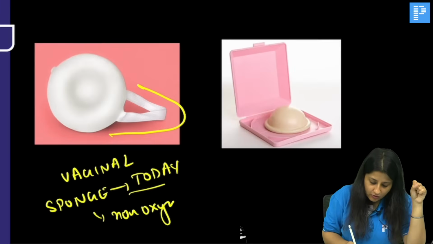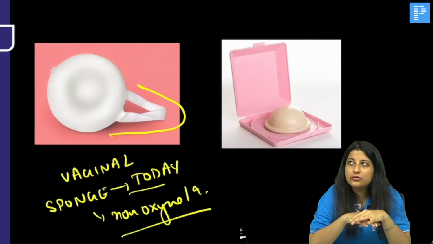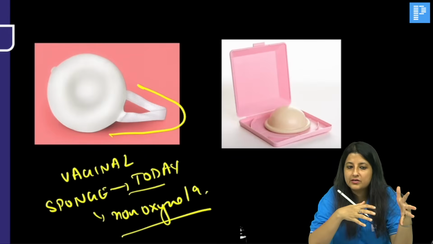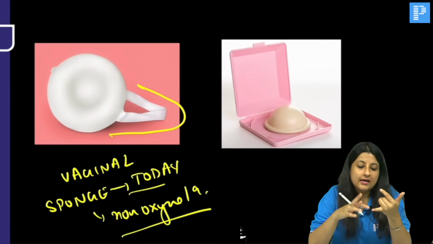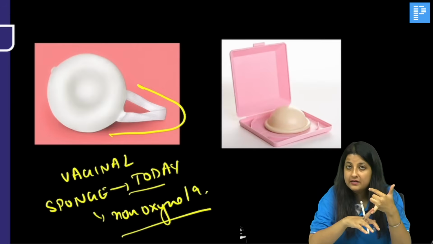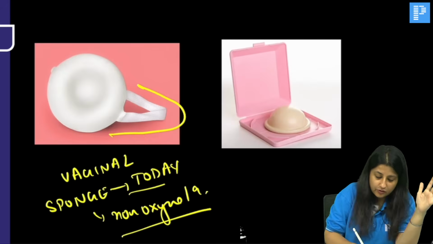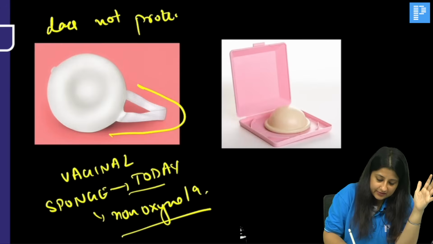The spermicide nonoxynol-9. It has to be inserted at least 2 hours before sexual intercourse, better if we do it 6 hours before. It has to be left for up to 6 hours post ejaculation. If forgotten and not taken out by 24 hours, it leads to toxic shock syndrome. It does not protect from HIV and STD.